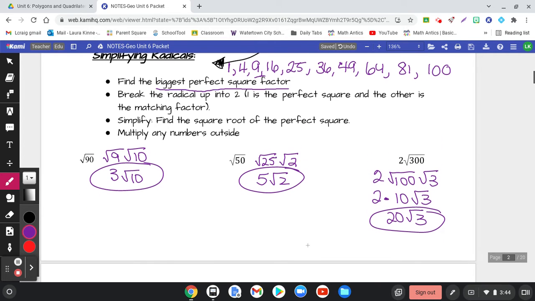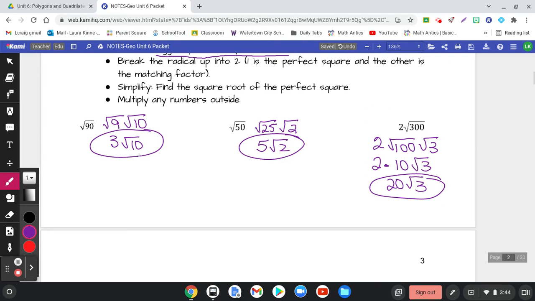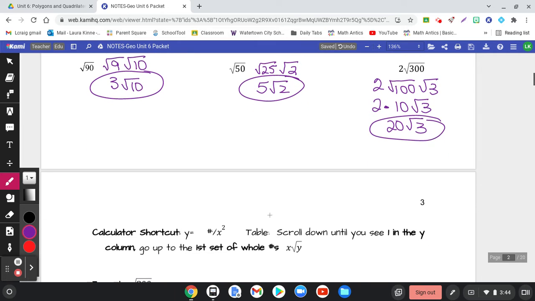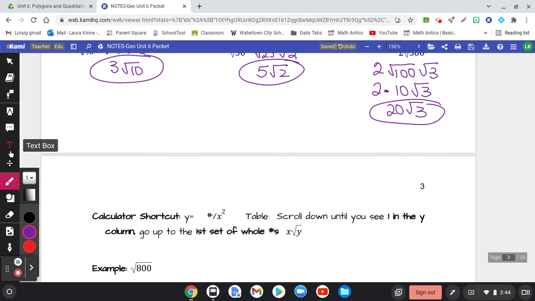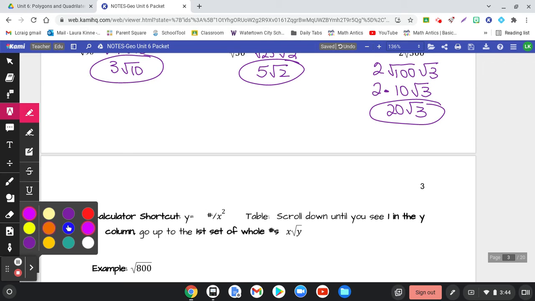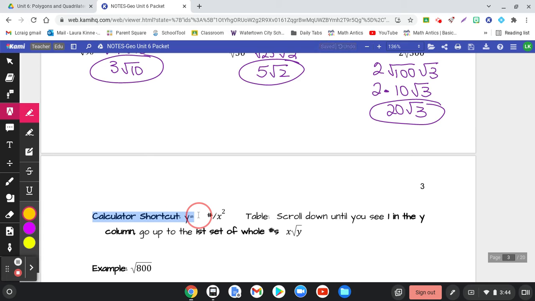All right, so that's how you do it by hand. Sometimes it's faster to do it this way. Sometimes it's nice to use the calculator shortcut, which you may or may not remember from last year, but it is very handy. All right, so the calculator shortcut, you're going to go to y equals, and you're going to type in whatever the number is divided by x squared.